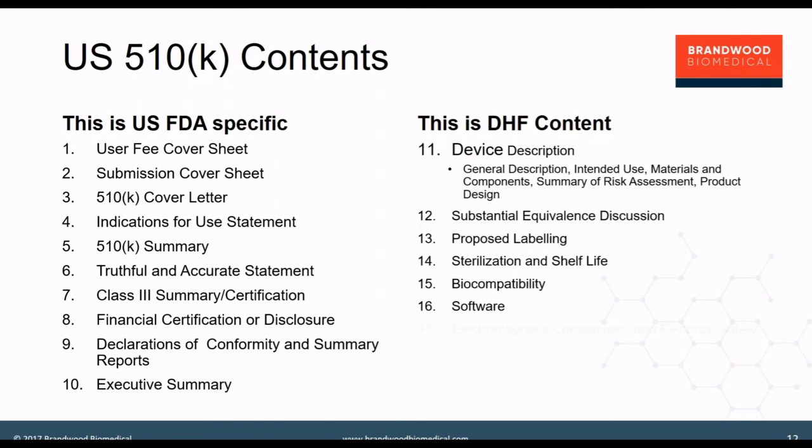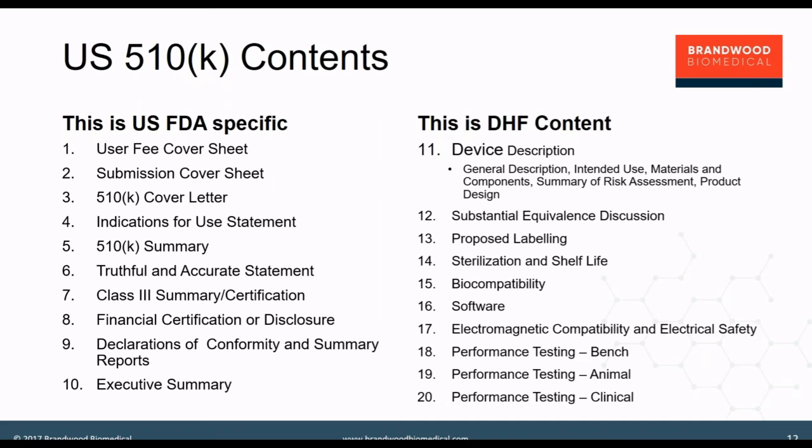The key here, though, is to show you how the artifacts which have been produced as part of the DHF or product development cycle actually feed into the 510K content. So as you can see, again, in the global context, we've talked about the technical file, we've talked about the artifacts which are produced as part of the process to support the technical file. As you can see, the core information included in the 510K also is extracted from this process.